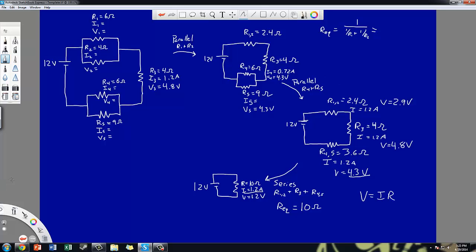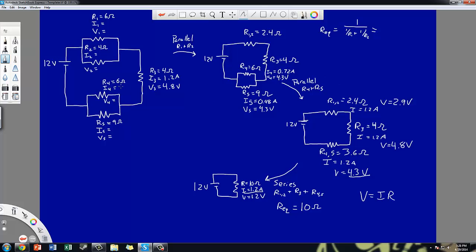I divide that by 9 and I get about 0.48 amps. I can check this because the current that's coming in from the battery, as we saw back here, is a total of 1.2 amps. And if I have 0.72 going up this way and 0.48 going this way, when I add those two numbers together, I do get the 1.2 amps. So again, another way I can check my work as I go along.